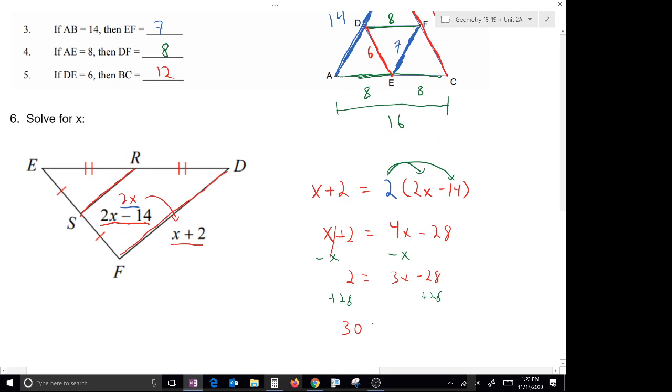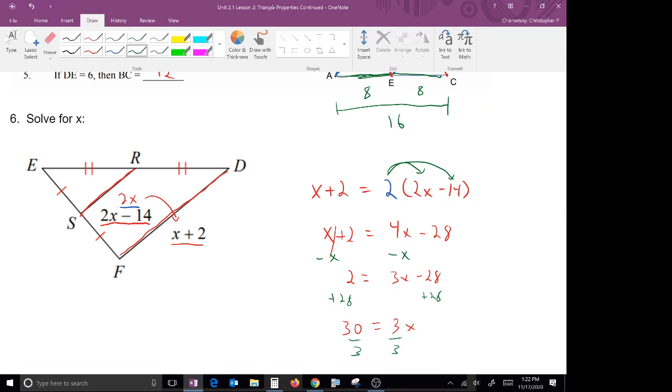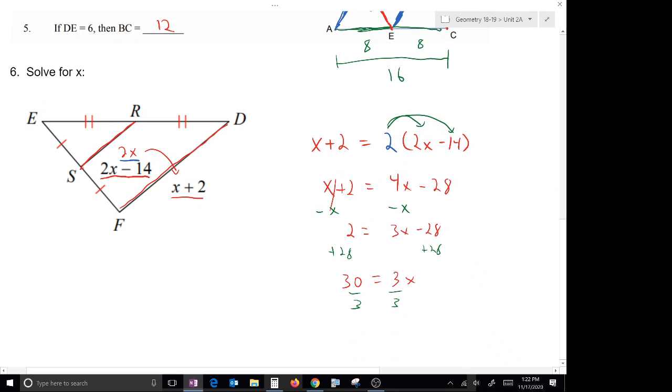So that's 30 equal to 3x. Last thing I do is divide by 3. And so we get 10 equal to x. And that's the end of this video.